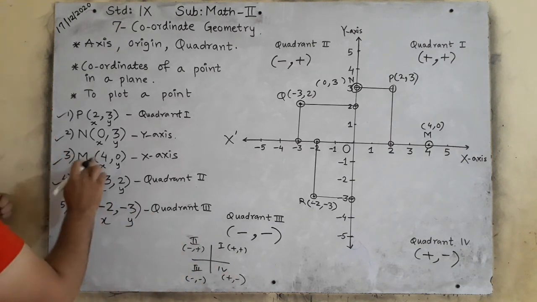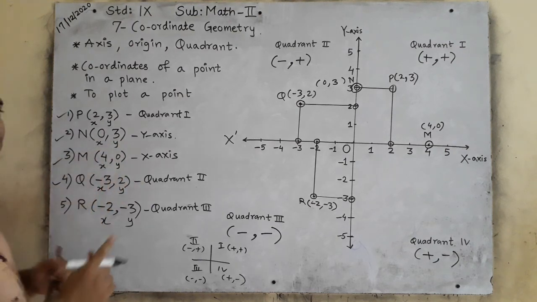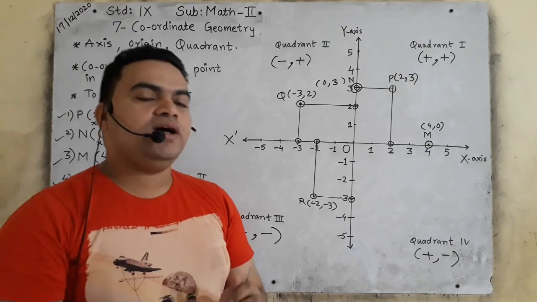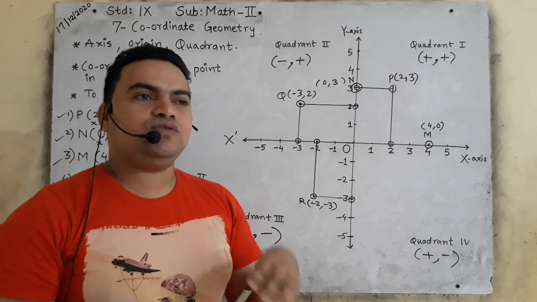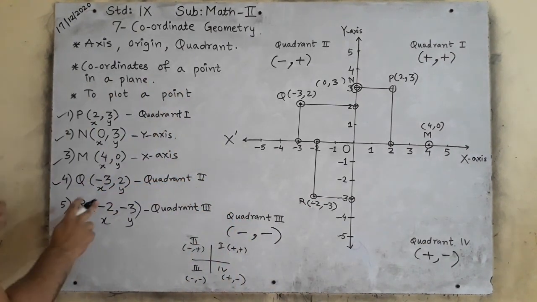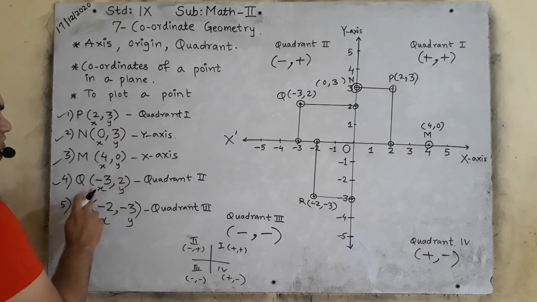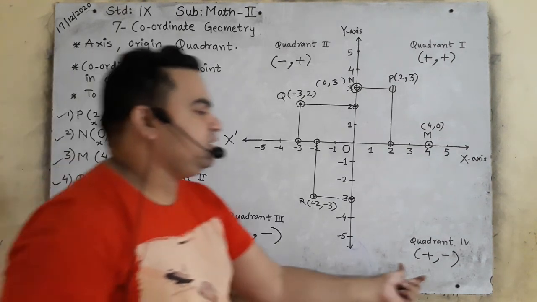See, when one coordinate is 0, so that point will be lying on the x axis or y axis. या तो x axis पे होगा या तो y axis पे होगा. Okay, now see, one is negative, one is positive. See, minus plus, it will be in quadrant second. If it will be plus minus, so it will be in fourth quadrant.